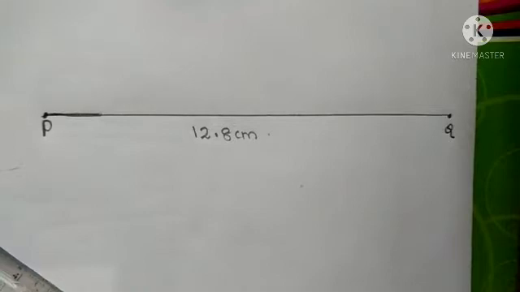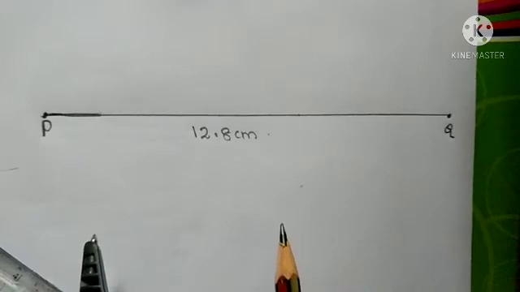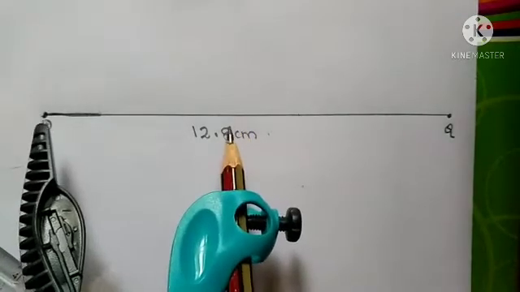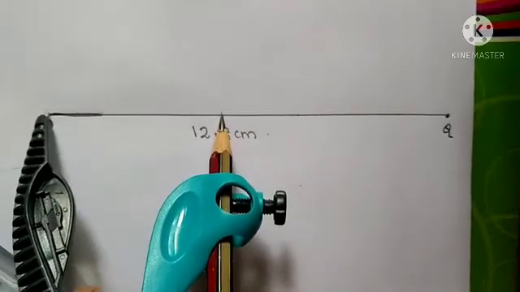How we will make 4 equal parts? First we will make 2 equal parts. 2 equal parts means we have to draw this line's bisector. Bisector will make the line into 2 equal parts.